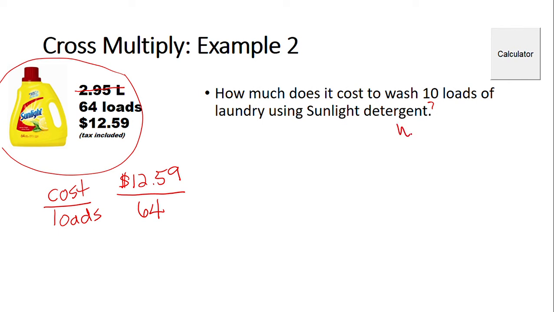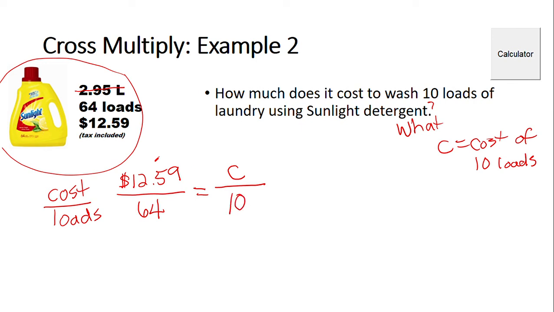What is the cost to wash 10 loads? So let's say C equals cost of 10 loads. Okay, so here we go back to $12.59 for 64 loads. So we don't know the cost, but we want to find out how much it is for 10 loads.